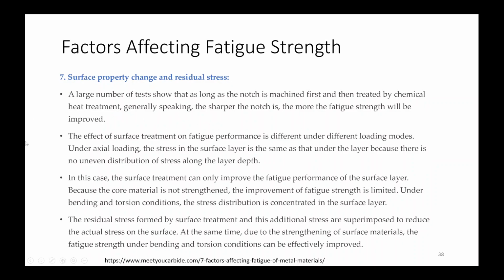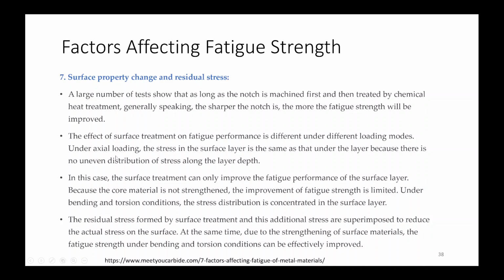A large number of tests show that if the notch is machined first and then treated by chemical heat treatment, the sharper the notch is, the more the fatigue strength will be improved. The effect of surface treatment on fatigue performance is different under different loading modes.